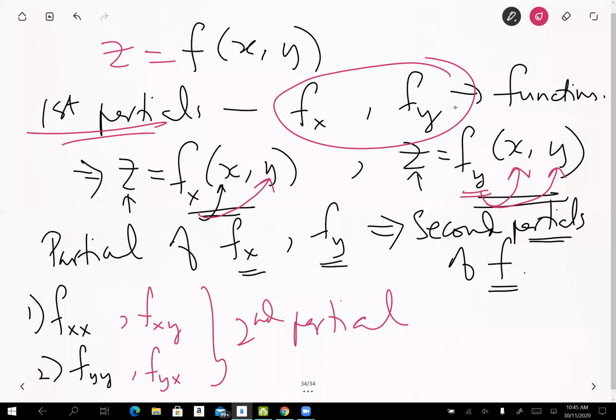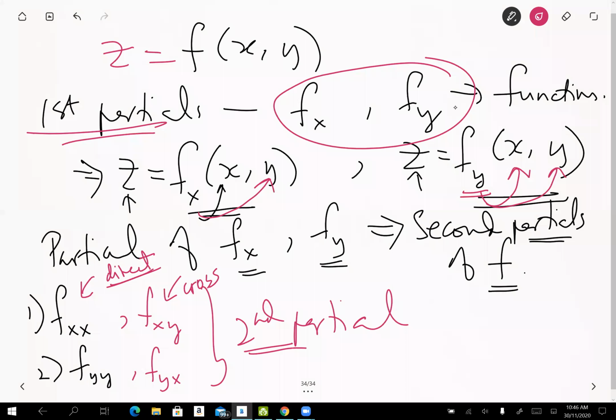Now this thing here is the direct second. This one you can call cross, because you are taking the derivative with respect to the other variable. So it's a cross partial. This one is direct. But the most important, that will be our second partial derivative.